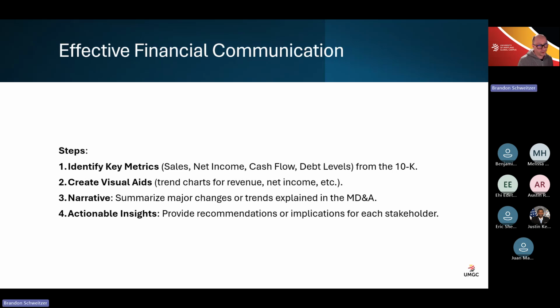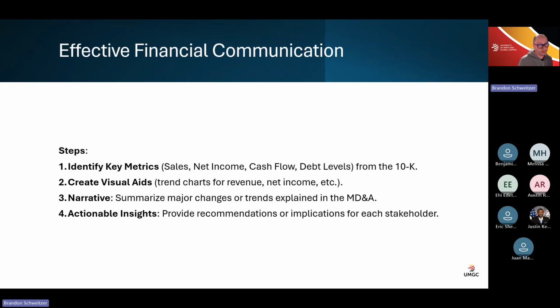Use visuals in your report, definitely in your presentation. Use visuals, trend charts, bar graphs, etc. One of the biggest things I've learned in my life is that anytime I communicate with somebody about their financials and they don't understand finance or accounting, I show them graphically.